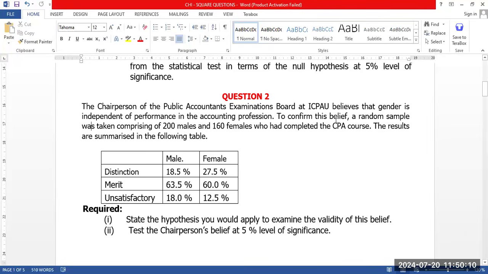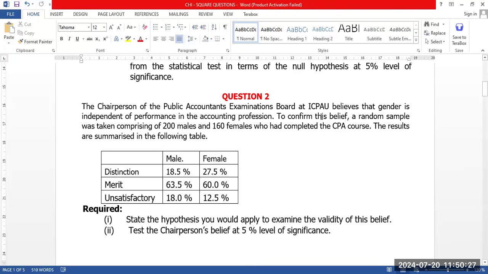So to confirm, now we want to confirm whether his belief, that gender is independent, that it does not contribute anything to the performance in the accounting profession.